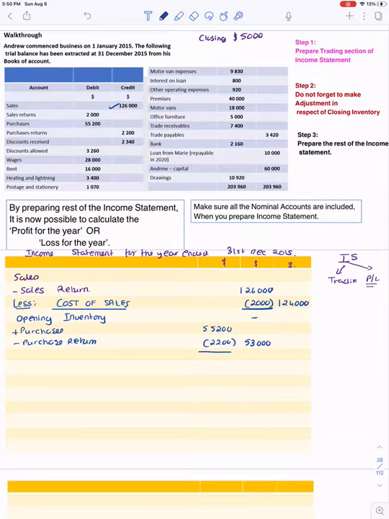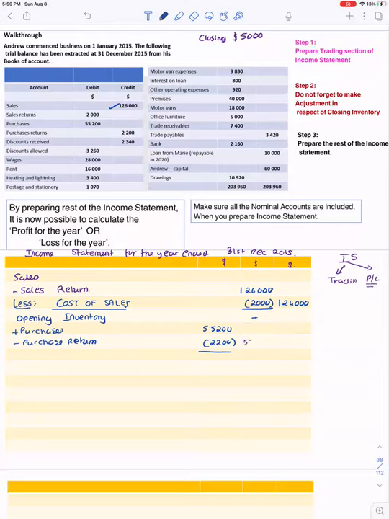I will see if there is any carriage inward or goods for own use. Please remember that the goods for own use I'm referring to should be the goods for own use given in the adjustment. Since there are no adjustments over here, there will not be any goods for own use that I'm supposed to take. So I would also need to adjust the closing inventory.